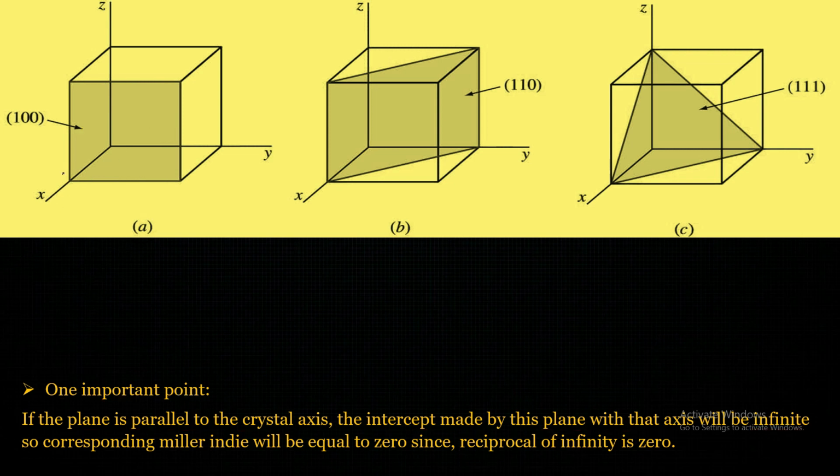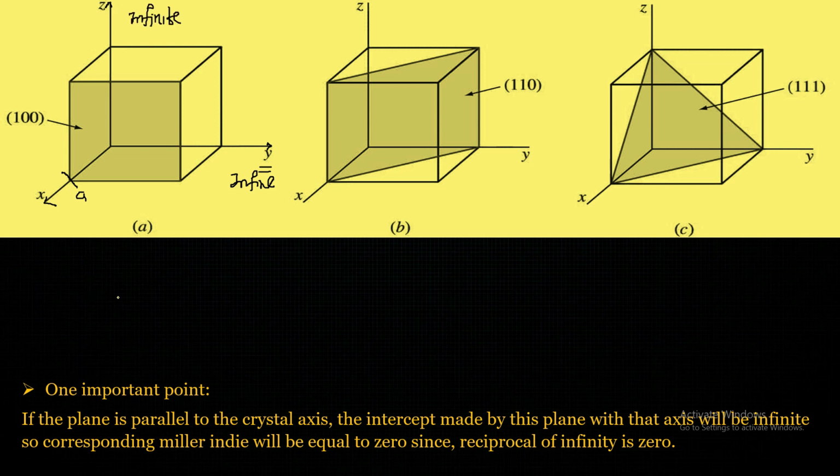So in our figure, the plane which cuts at a along the x-axis is parallel along the y-axis and also parallel along the z-axis. So its intercept along the y-axis is infinite, and its intercept along the z-axis is also infinite.